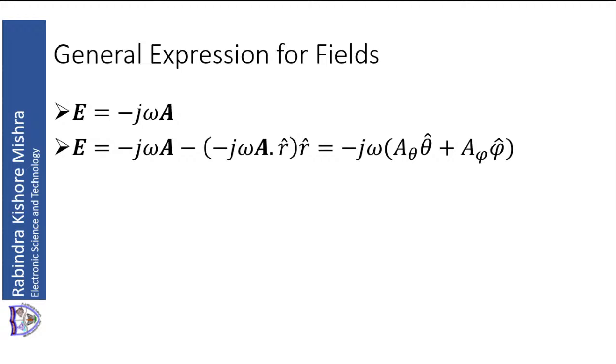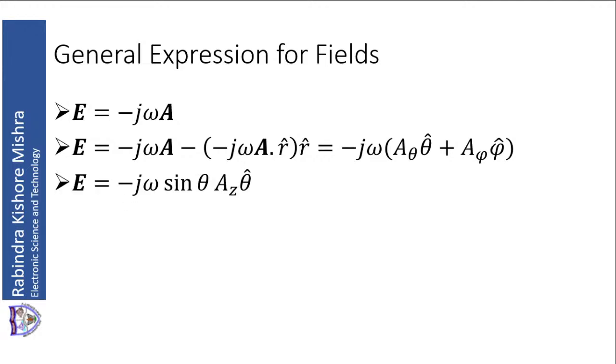It does not have a component along the radial direction. It will have a component along theta and a component along phi for the radiation field. So this will be equal to minus j omega into A theta theta cap plus A phi phi cap. Since E has two components, A will have two components along theta and phi, and there will be no radial component of A. So this will give us minus j omega, which we have taken common, then A theta theta cap plus A phi phi cap.